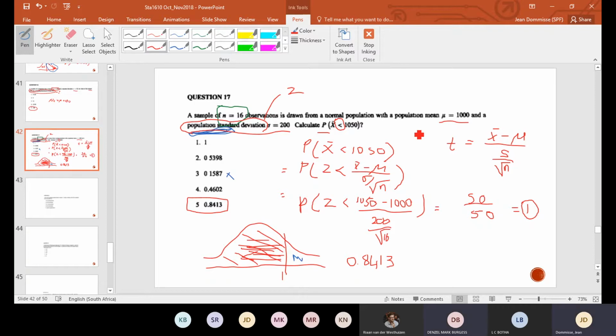Gene, that formula n minus 1, I'm looking at the document they sent us for the exam. It's on the next page, and it's the second formula. That n minus 1 formula with alpha divided by 2.